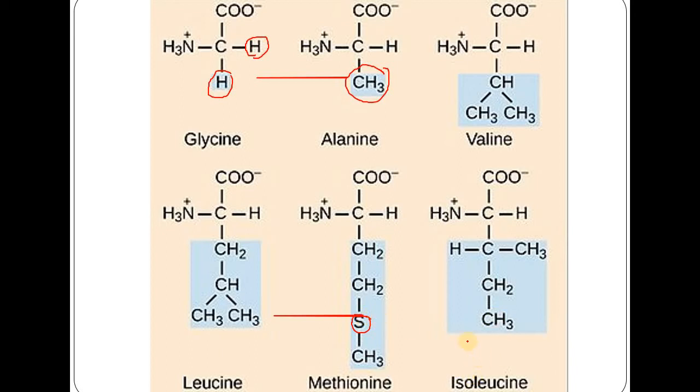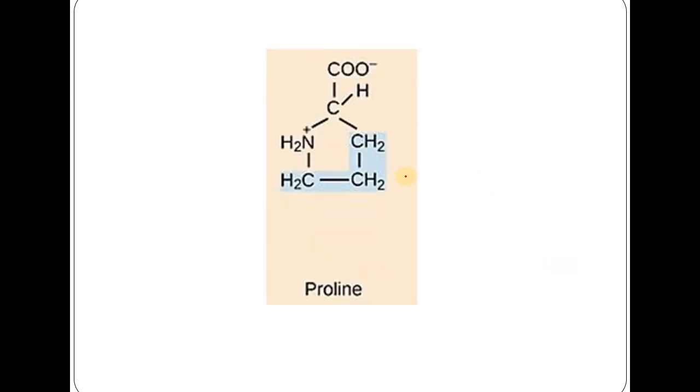These are all the first group of amino acids. Because of these alkyl groups, they are highly hydrophobic in nature. And this is proline. Here is the cyclic structure, and this is called the imino group.